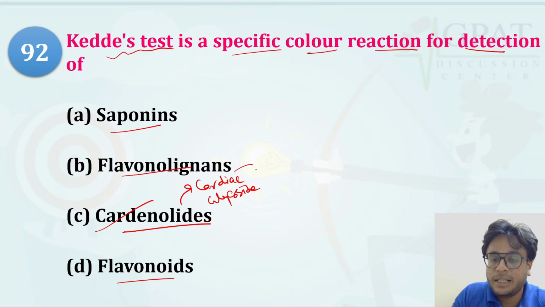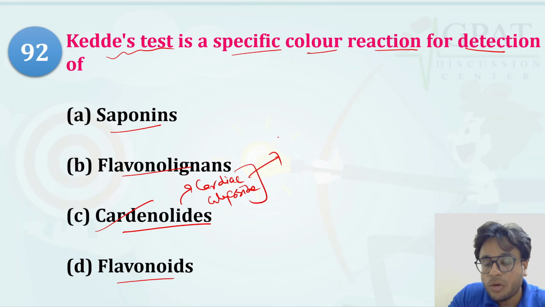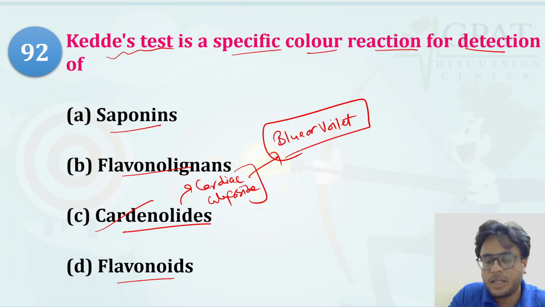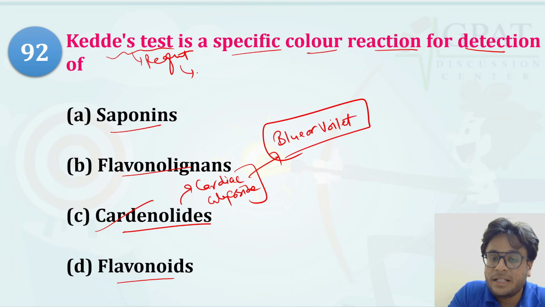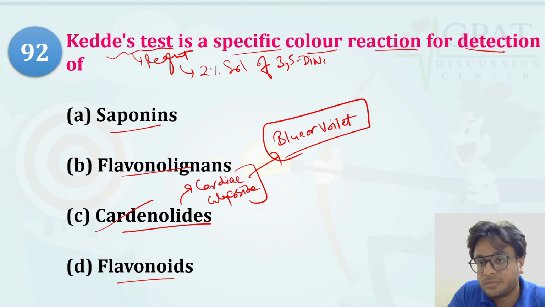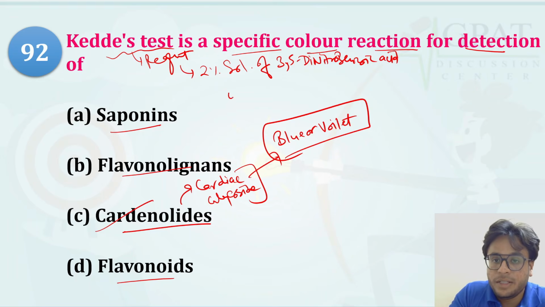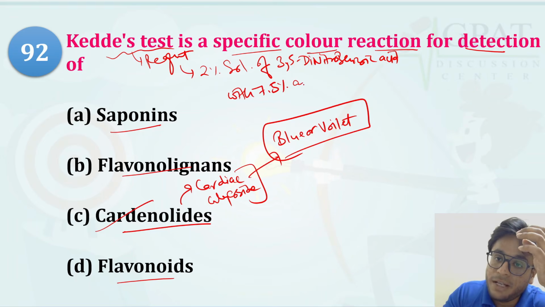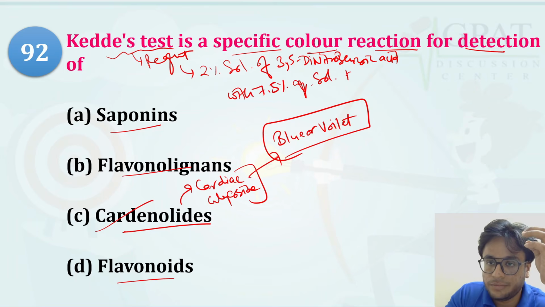What color will the cardiac glycosides give? They mainly give a blue or violet color. And what is the Kedde reagent? The Kedde reagent is a mixture of a 2% solution of 3,5-dinitrobenzoic acid with a 7.5% aqueous solution of sodium hydroxide, KOH.